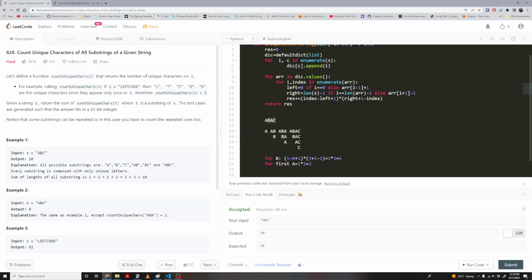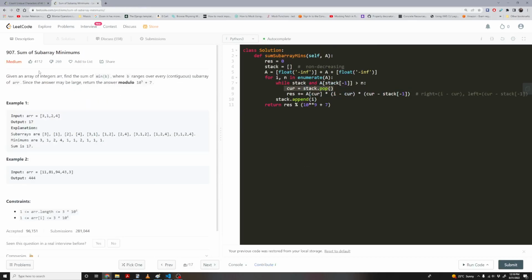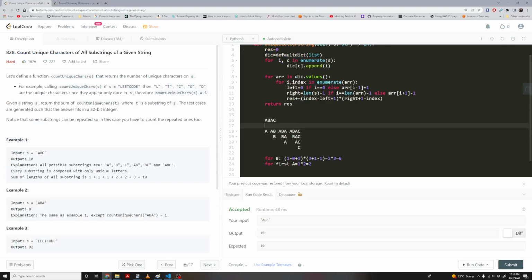How can we calculate the share? How do we know that? Again, we get it from here. The same idea: the share of B is 2 times 3, which is going to be 6. What is the share of 1? On the left hand side it's nothing, so including itself, it's going to be 1.